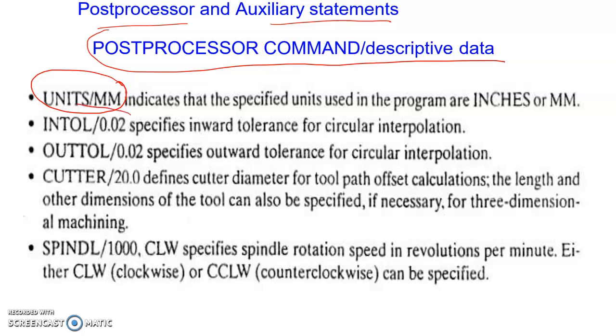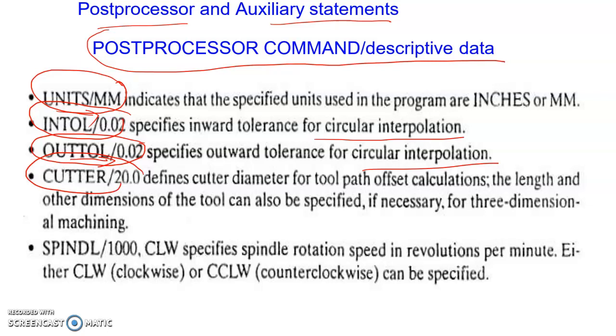Then intol 0.02, outtol 0.02 means these are the inward tolerances and the outward tolerances, and this is applicable when we are doing the circular interpolation. Then cutter 20 means the cutter diameter is 20 mm.